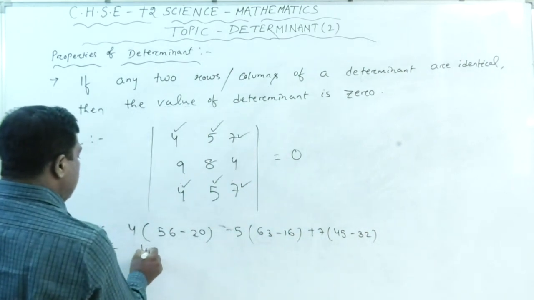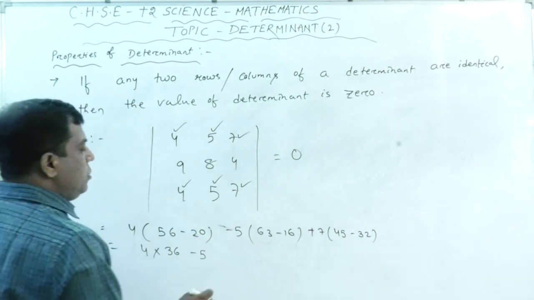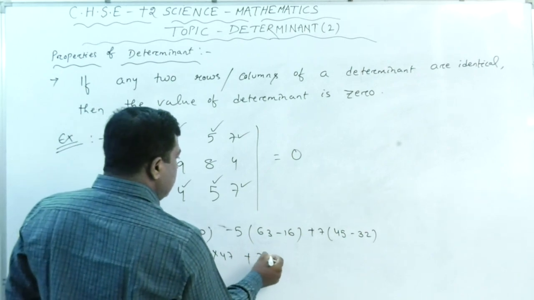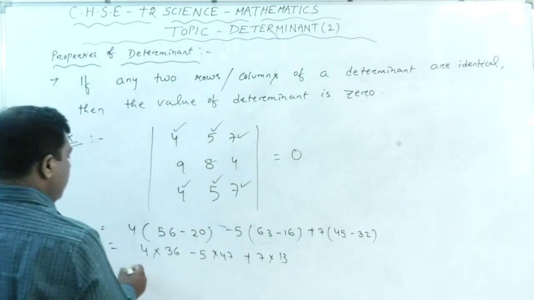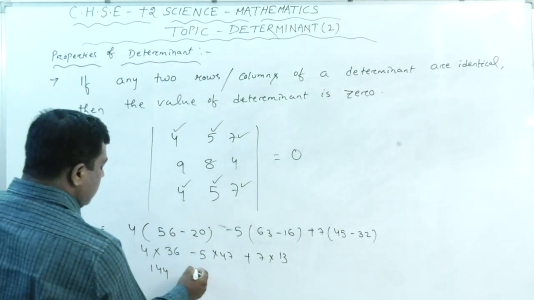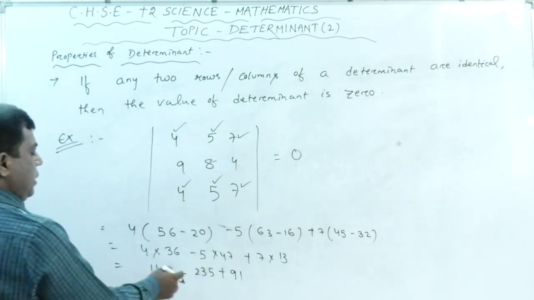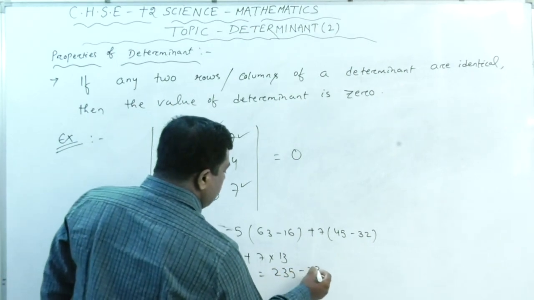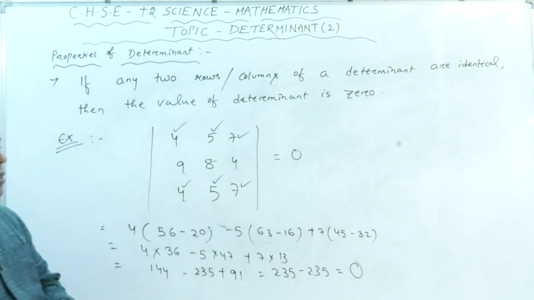So it is 4 times of 36 minus 5 times of 47 plus 7 times of 13. So it is 144 minus 235 plus 91. So you see it is 235 minus 235. So everyone can say what is the value? The value of the determinant is equal to 0.